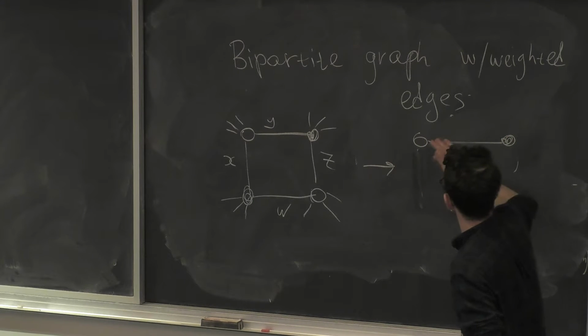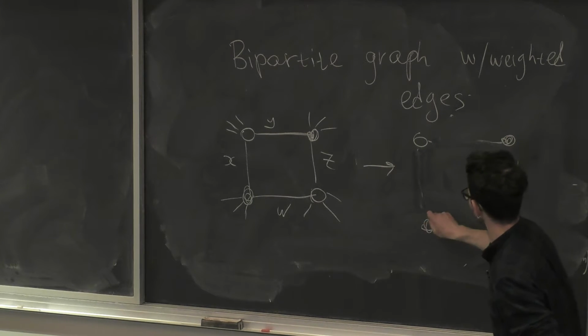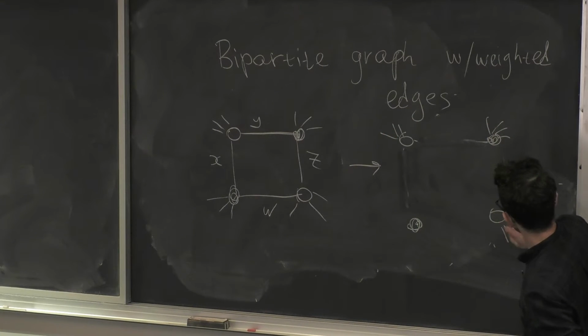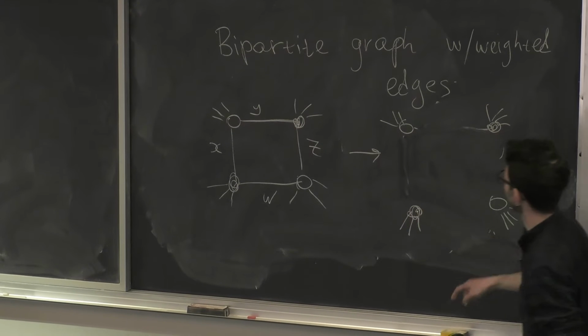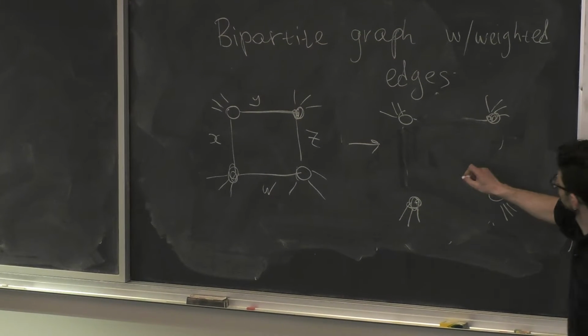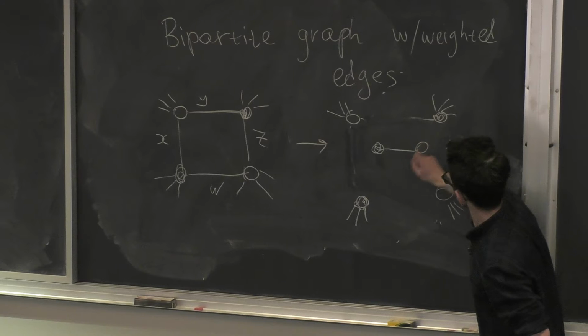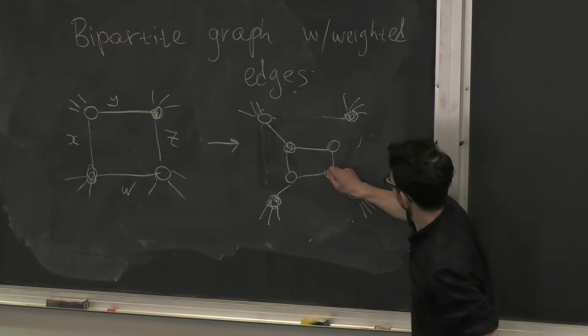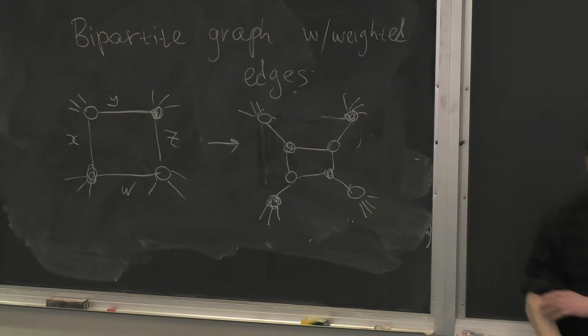So what you do is you remove the four edges of this quadrilateral, you keep other edges intact, and then here you create a new quadrilateral like that, and you join the vertices in the following manner.